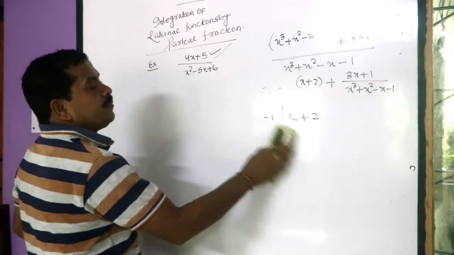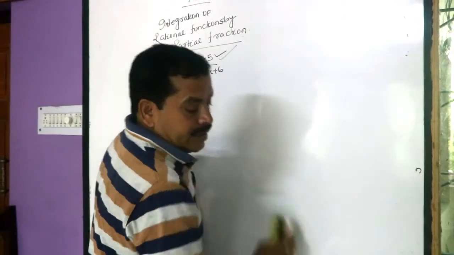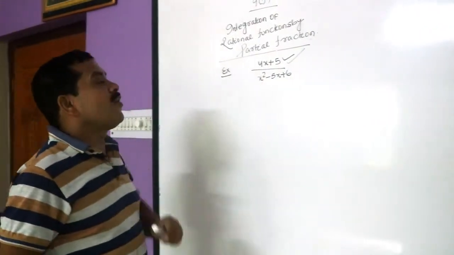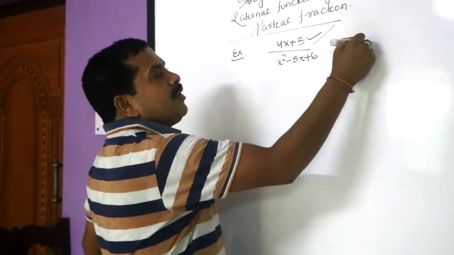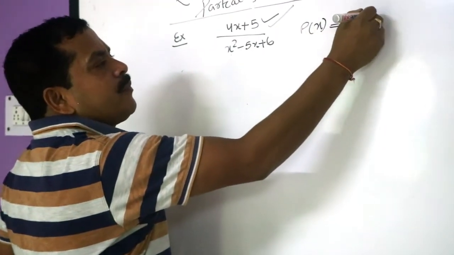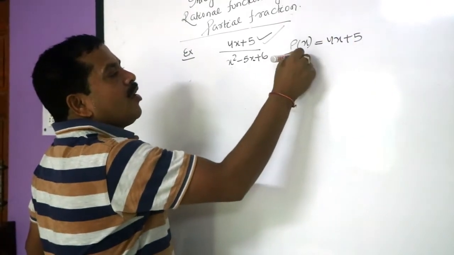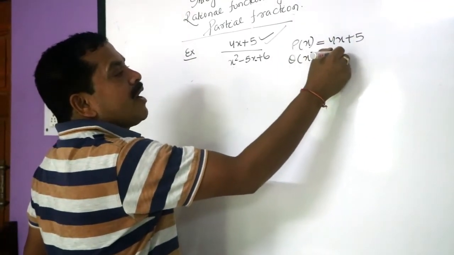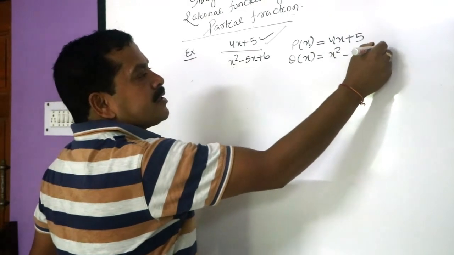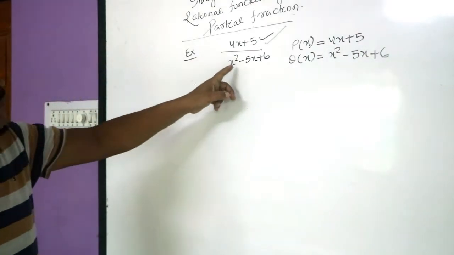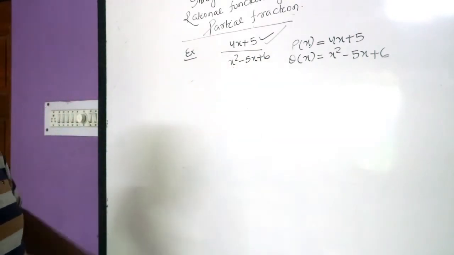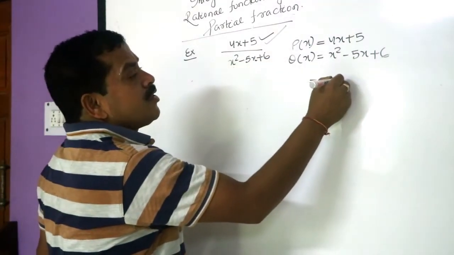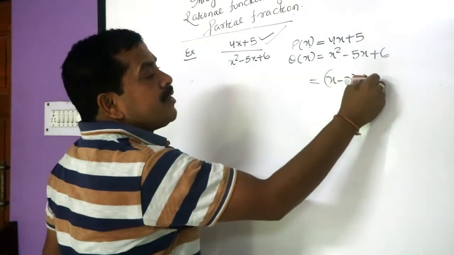Suppose this function is a proper rational function. Here p of x is 4x + 5 and q of x equals x^2 - 5x + 6. Now we have to factorize the denominator, which equals (x - 2)(x - 3).